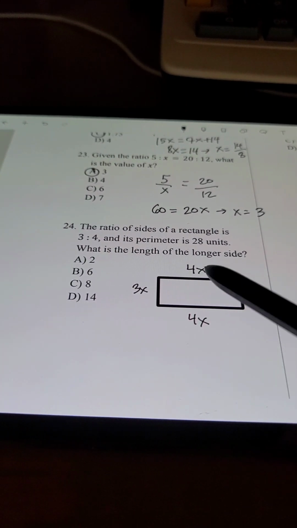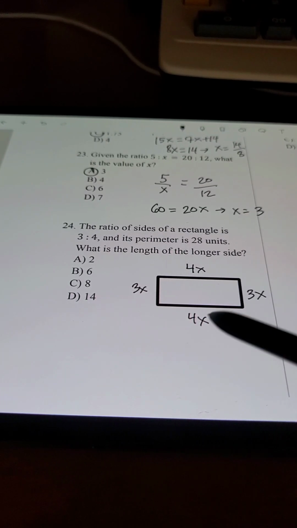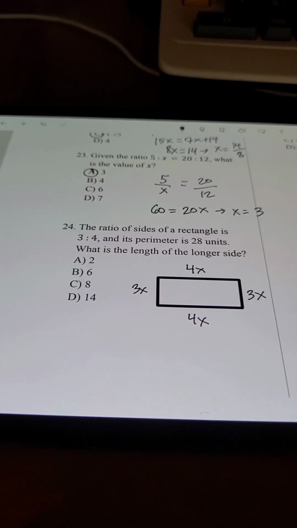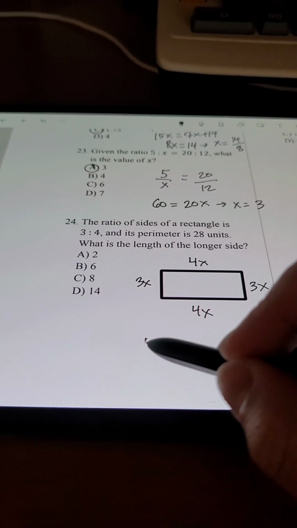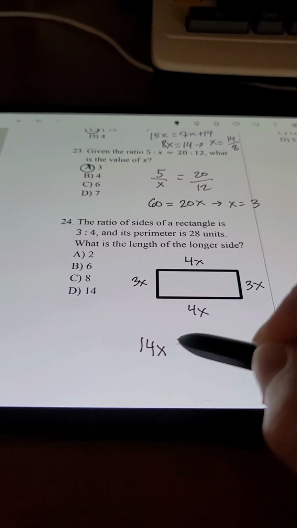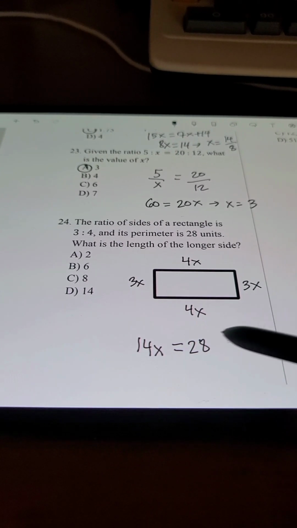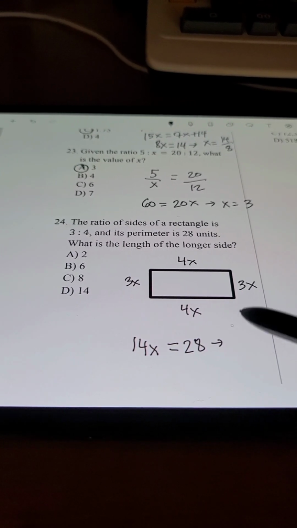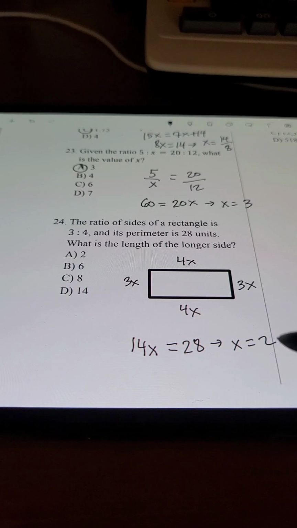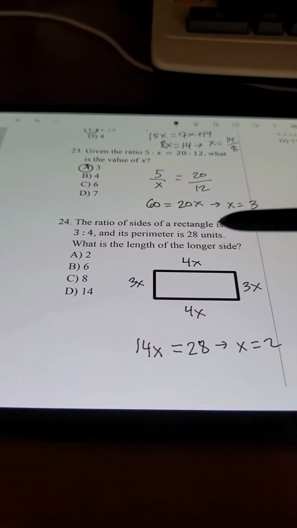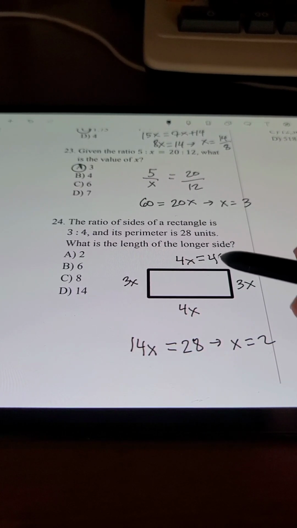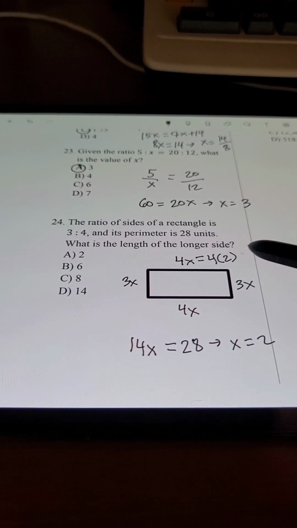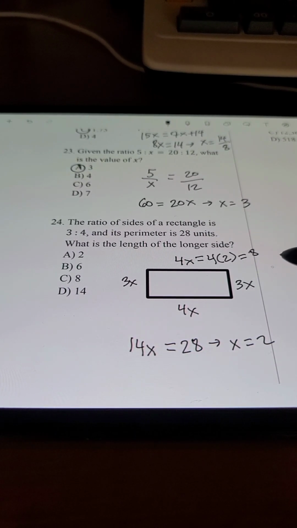So if I add up 4x plus 4x plus 3x plus 3x, that's going to be 14x. And that's going to equal 28 units for the perimeter. Well, I can divide by 14 on each side to get x by itself, and I get x is equal to 2. Now, I want to know the length of the longer side. The longer side is equal to 4x. So 4 times 2 is going to give me 8. So that's my answer.